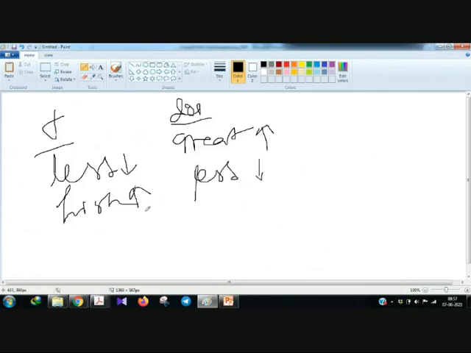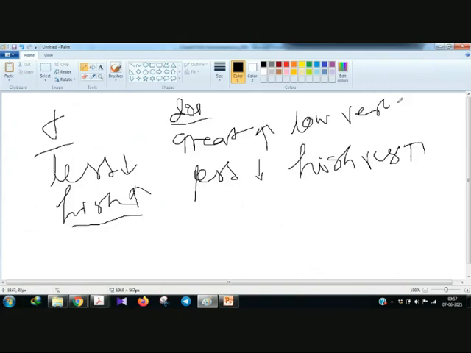So a high frequency antenna will give you less depth of penetration, but a high resolution picture. And the low frequency antenna will always give you a low resolution picture, and it can penetrate up to great depth.